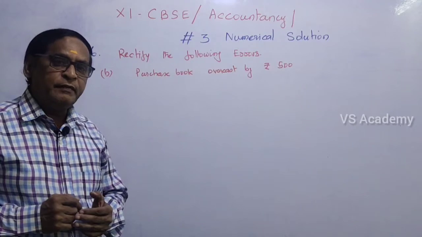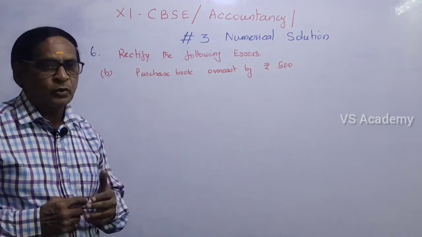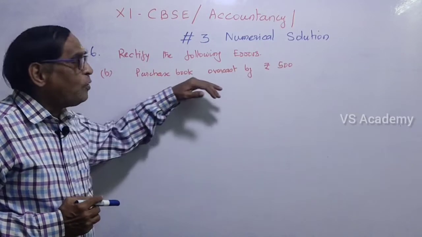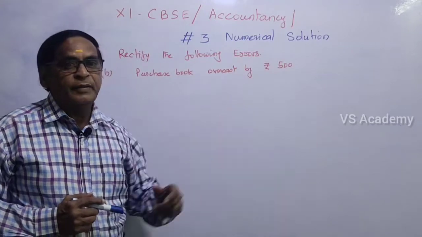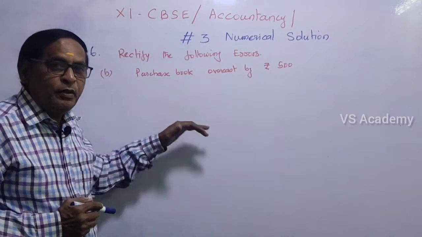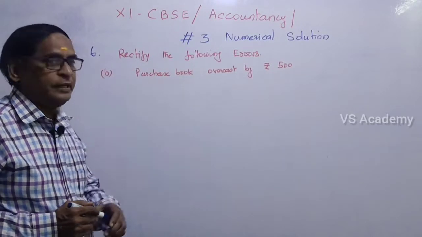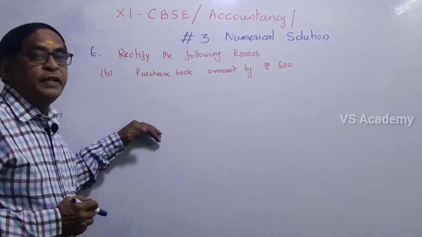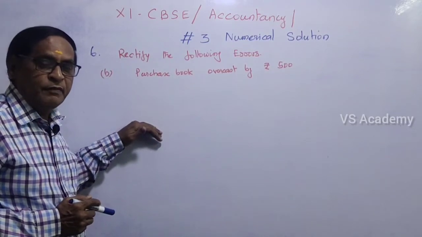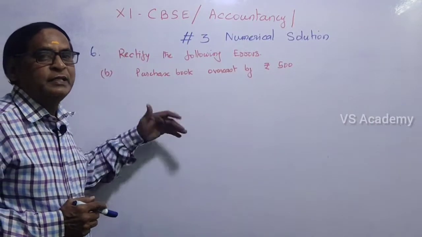The next one is purchase book overcast by rupees 500. Normally the purchase entry will be purchase account debit to the party account or purchase account debit to bank account. So the purchase account is overcasted. We have shown extra by mistake of overcasting, so we have to rectify that. The purchase account should be cancelled. If it is after trial balance, we have to adjust the suspense account.